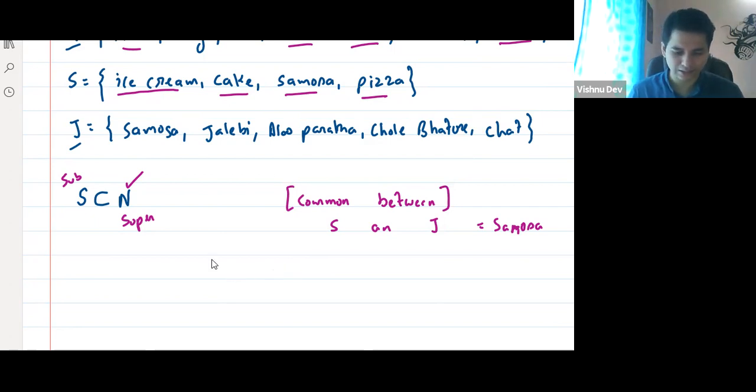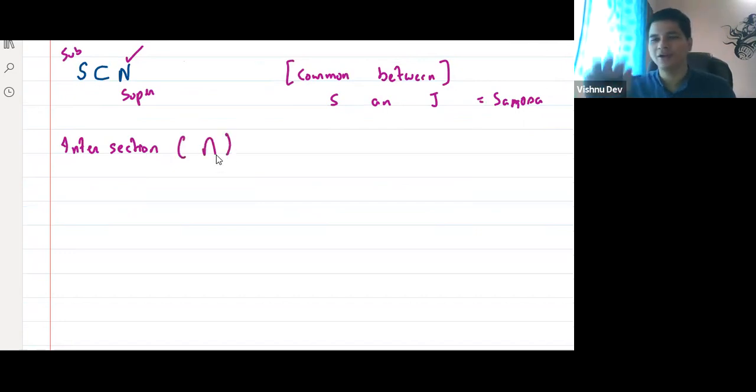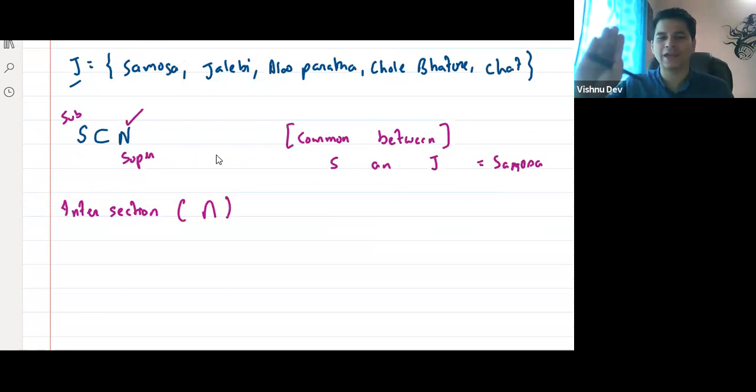I'll just write it down. Intersection. And it is represented by an inverted U. U can represent lots of things. This is the inverted, vertical U. So this represents intersection.